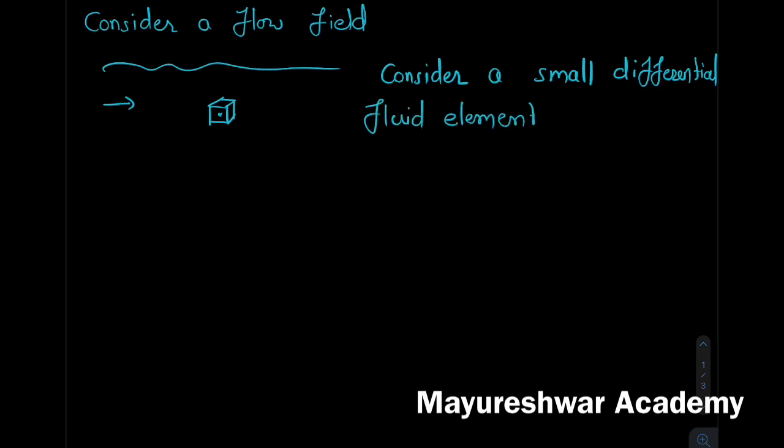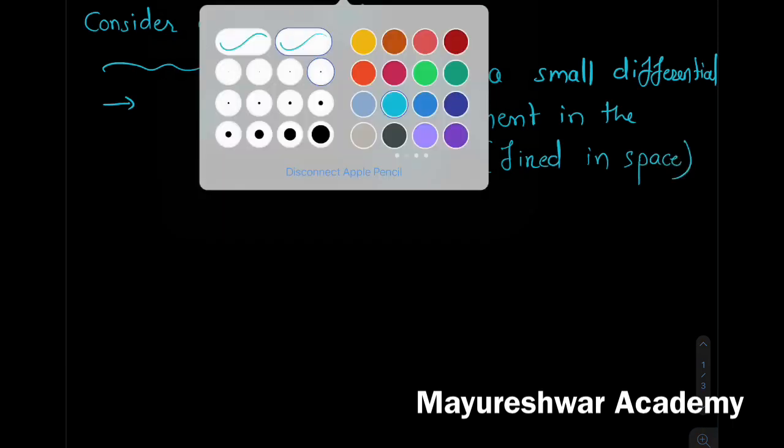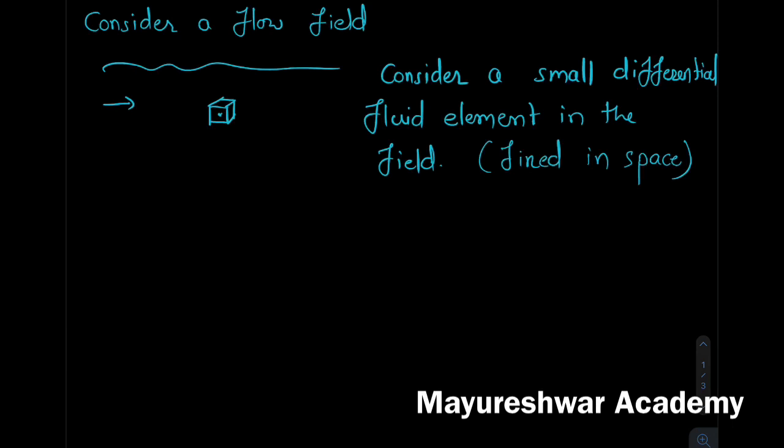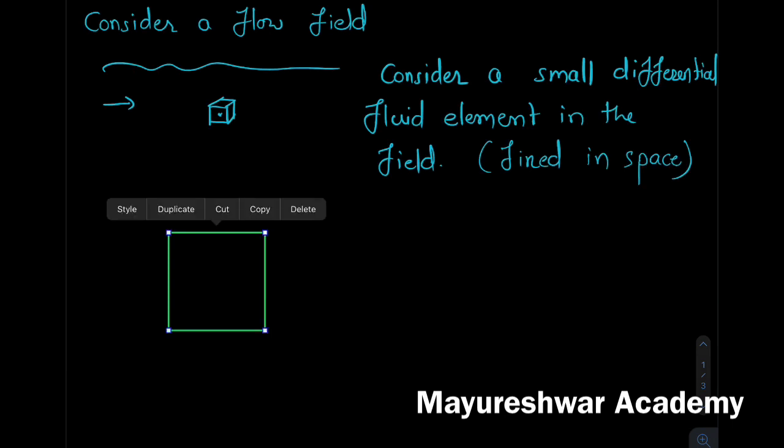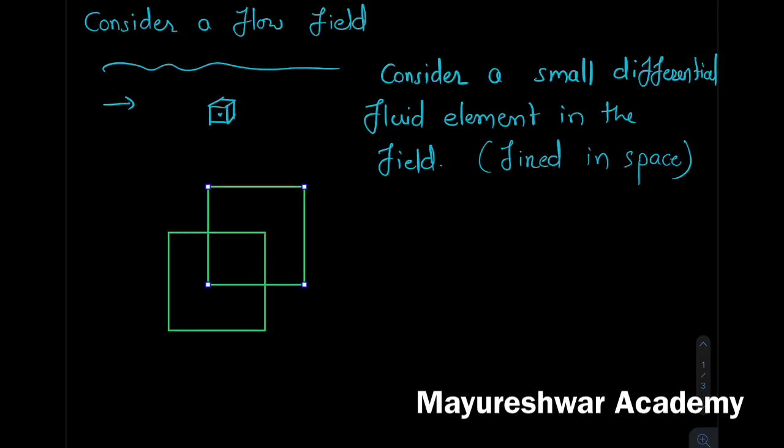The differential fluid element in the flow field is going to be fixed in space in this formulation. So the Eulerian differential form is what we are going to deduce in this case. Let us sketch or expand this fluid element so that we can appropriately show the dimensions and work with it.